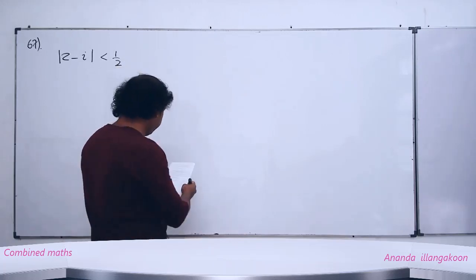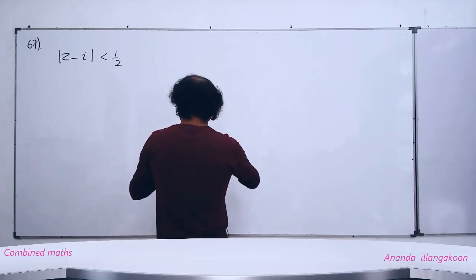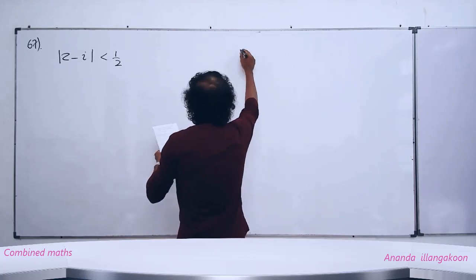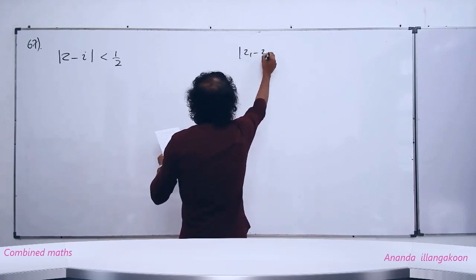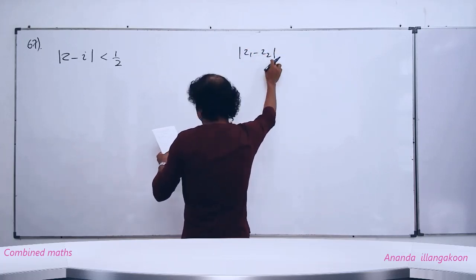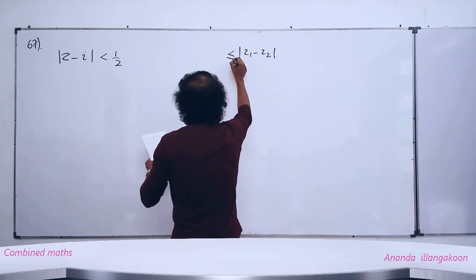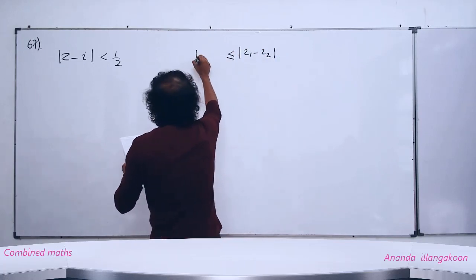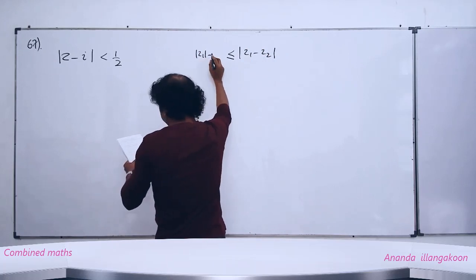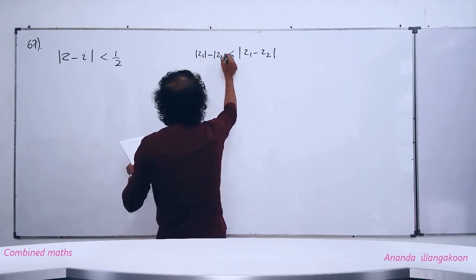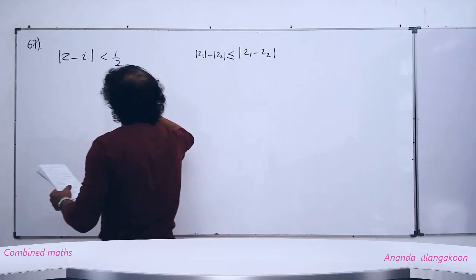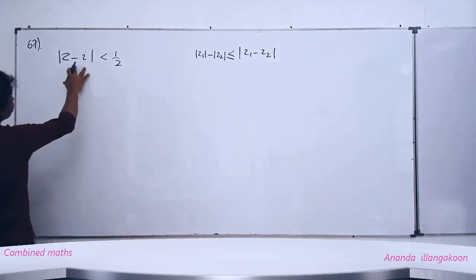Something like this, no? The theory part we have proved. Here, the same question, the theory part we have proved: mod Z1 minus Z2 is greater than or equal to mod Z1 minus mod Z2. This we have proved.